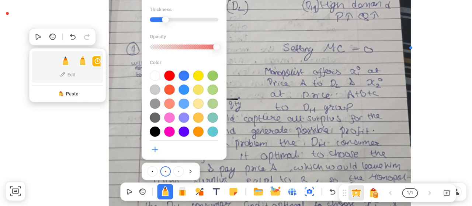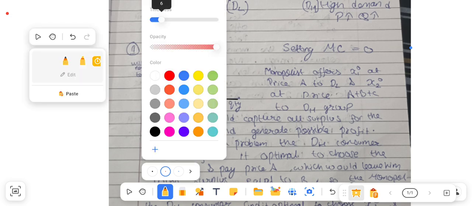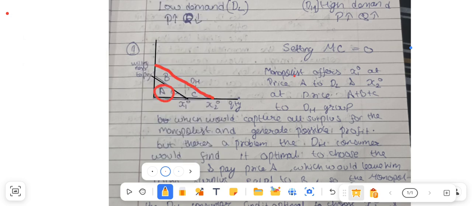And the areas here are considered as A, B and C. And the most important thing is that we will set the marginal cost at 0.